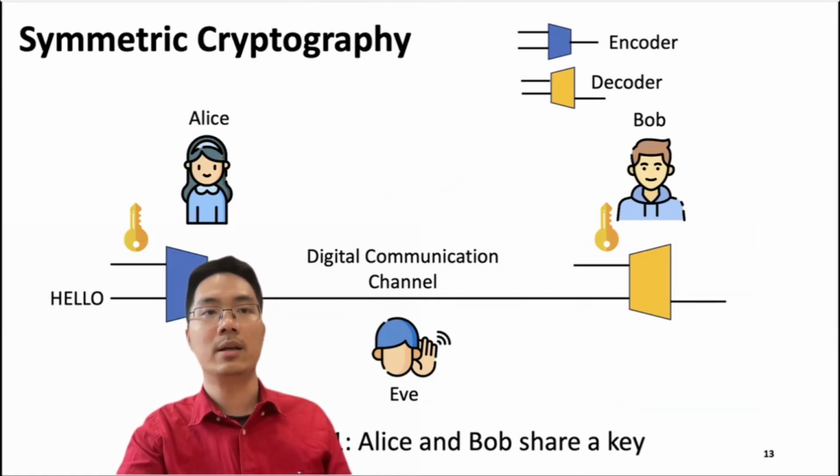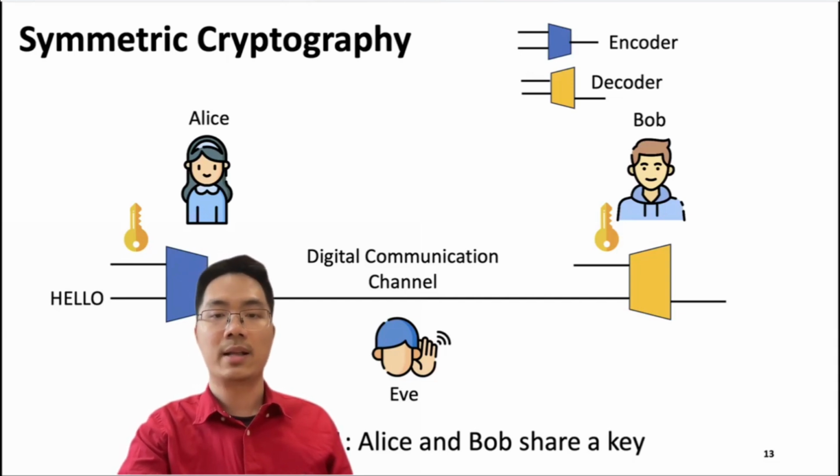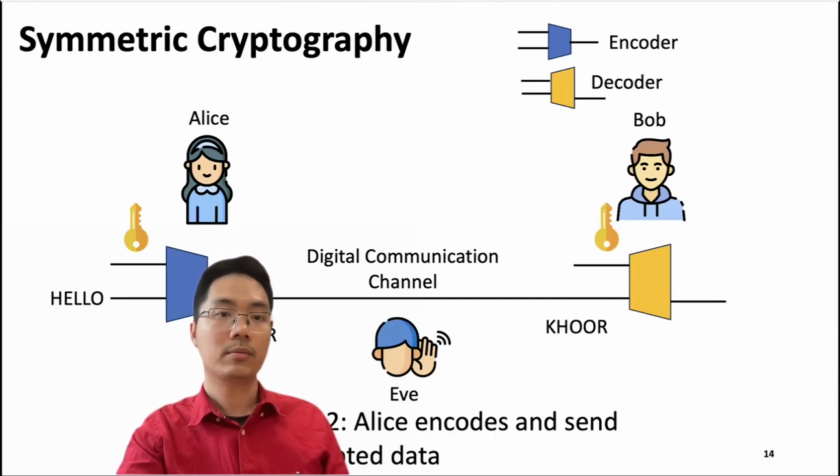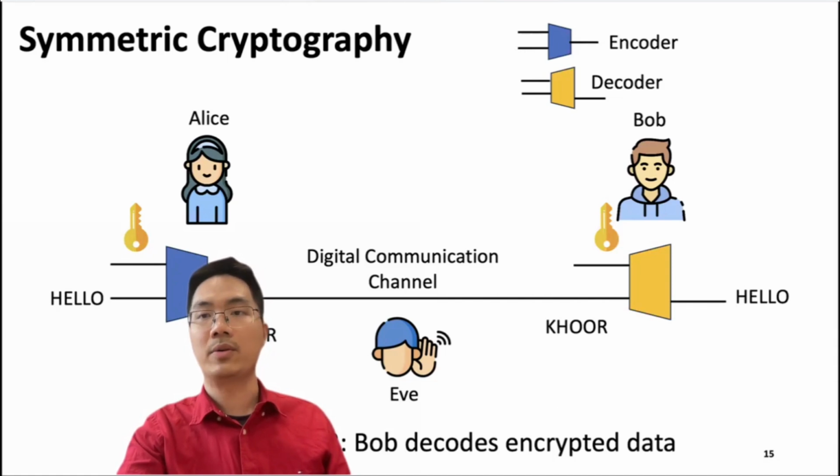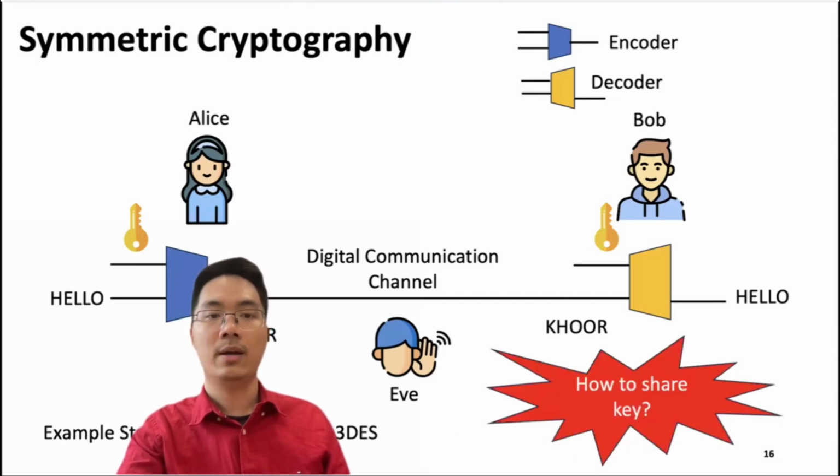So the key thing in symmetrical cryptography is that Alice and Bob use the same key to encode and decode the data. The first thing is that Alice and Bob share the key. Then Alice encodes her data and sends the encrypted data to Bob. Finally, Bob receives the data and decodes the encrypted data based on the key. There are several standards using this philosophy, which are AES, DES, or 3DES.